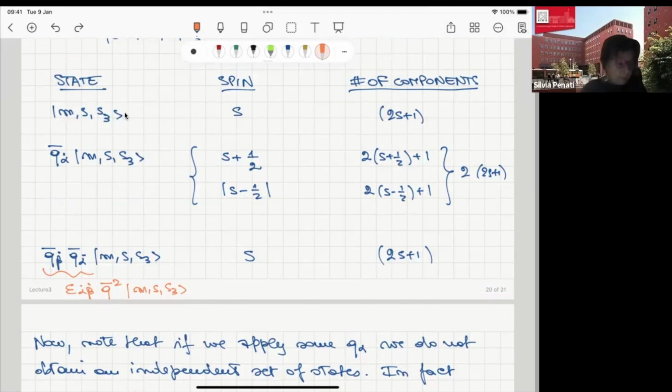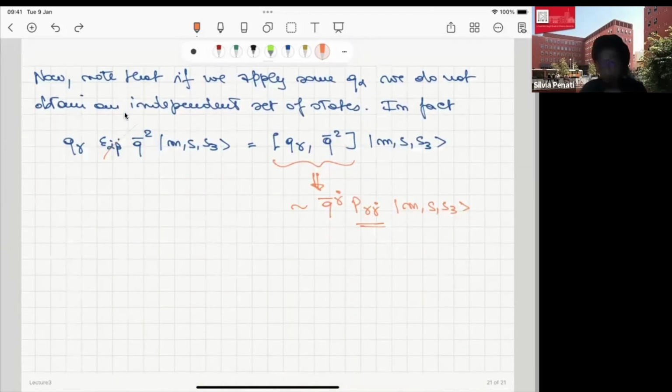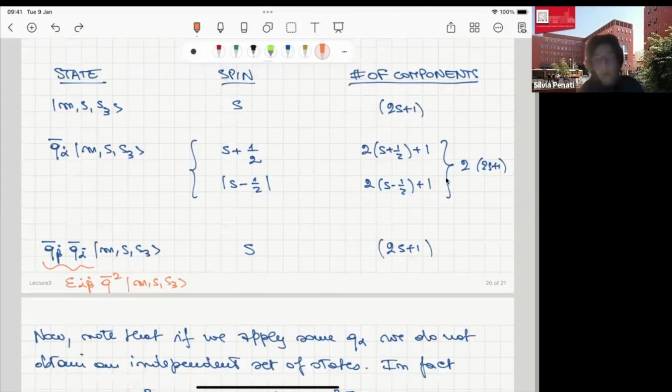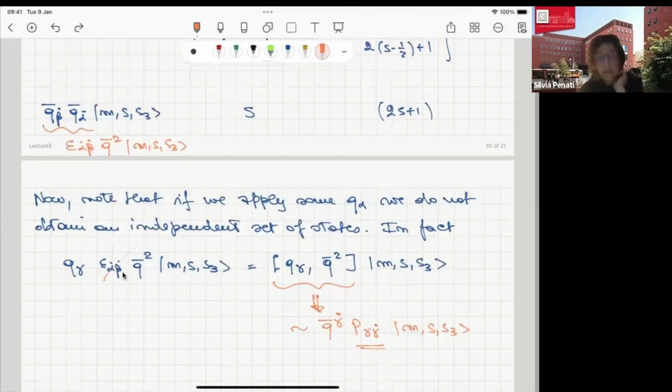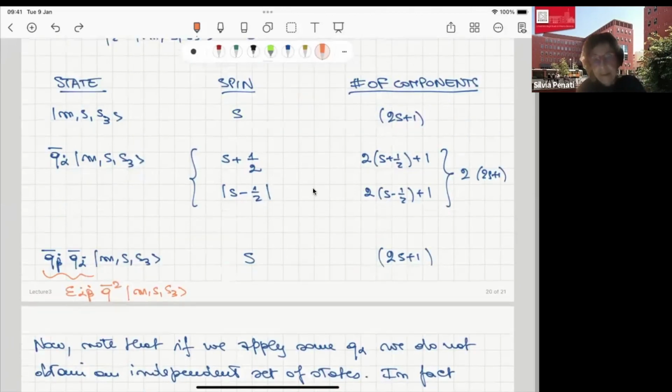The interesting thing is that this set of states is closed because of what I was mentioning here. This set of 3 states, it's not really 3 because we have many states here.